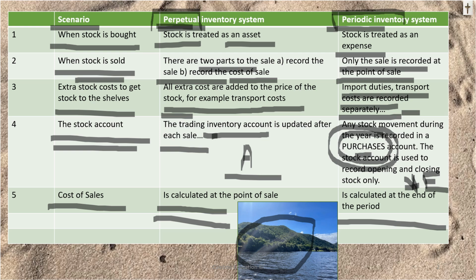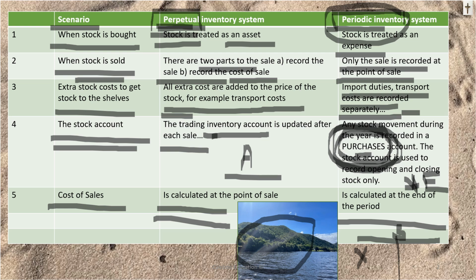In the periodic inventory system, the stock account or trading inventory only records opening stock and closing stock. All the other movements with regard to stock get recorded in a purchases account. So you can see we have been dealing in all my videos previously with a perpetual inventory system, but now I'm introducing a periodic inventory system.